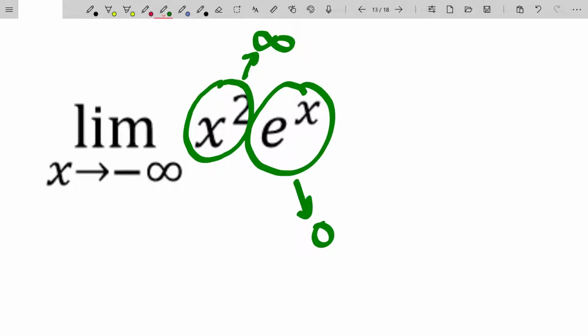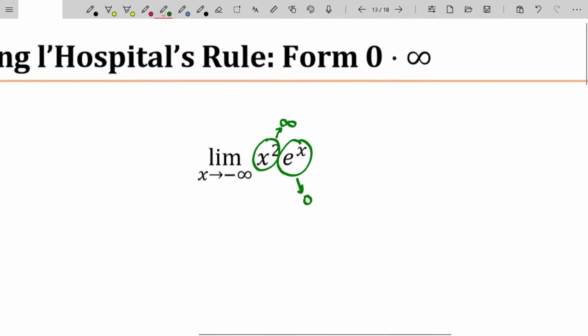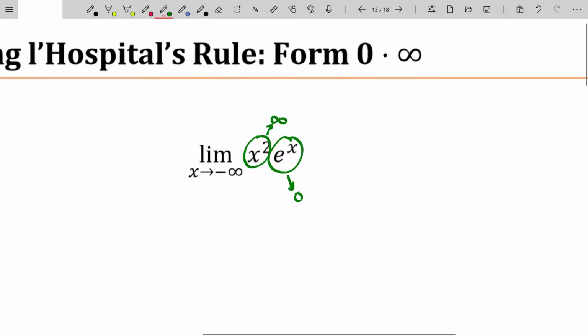So it's not like you have 0 times something. You have something close to 0 times something, but it's not 0 times something. So you cannot assume that this will turn into 0, even though technically I think this will turn into 0. But anyhow, this is of the form 0 times infinity.